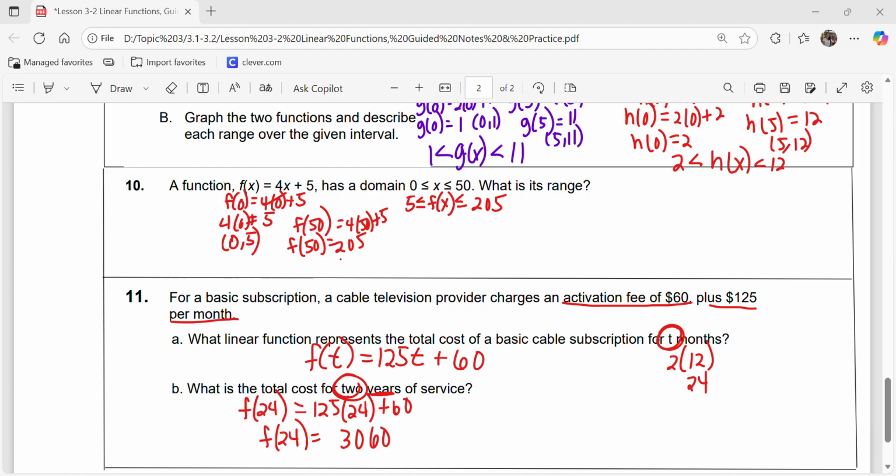0.05 times 4 is 0.20. Added to 1 is 1.20, and 1.20 times 400 is $480. Then we have Tanya. She starts, still also 4 years, she starts with $350 in her account, but her interest rate is at 6%, so 0.06.